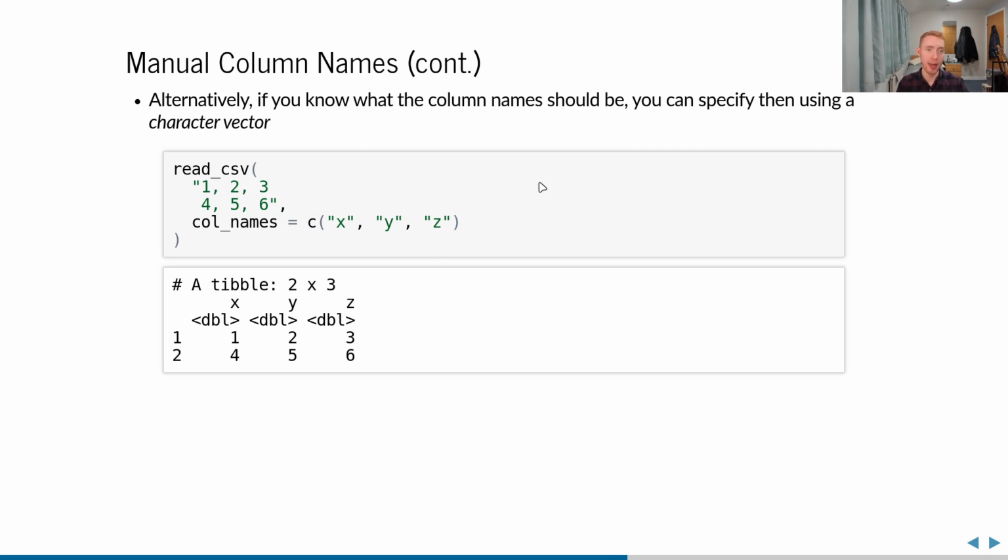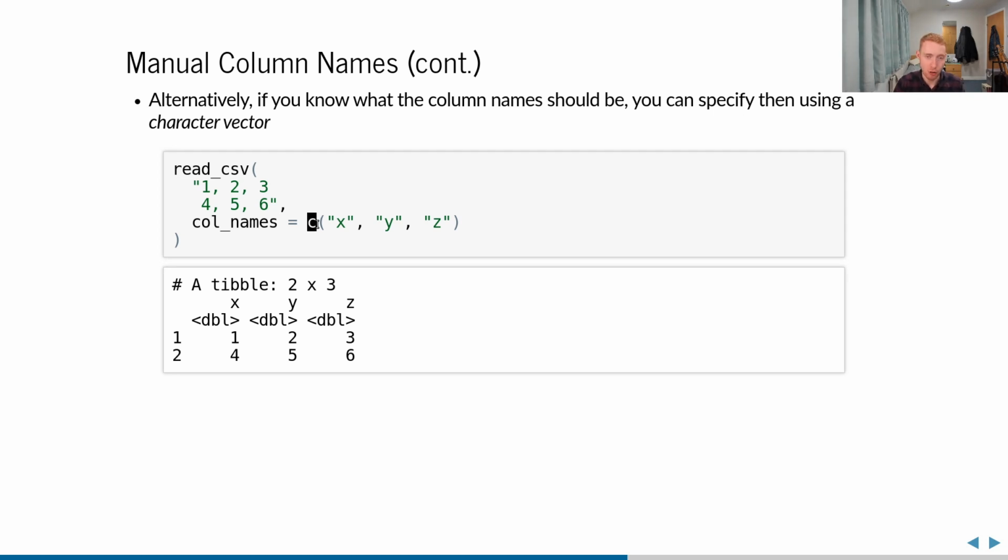So it may also be the case that we know what the column names should be, but we just don't have them in the data directly. Perhaps there's a separate file giving the column names. In this case, we can set col_names equal to a character vector giving the column names. And we create this using this c function here. I'll explain more about this just in a moment.